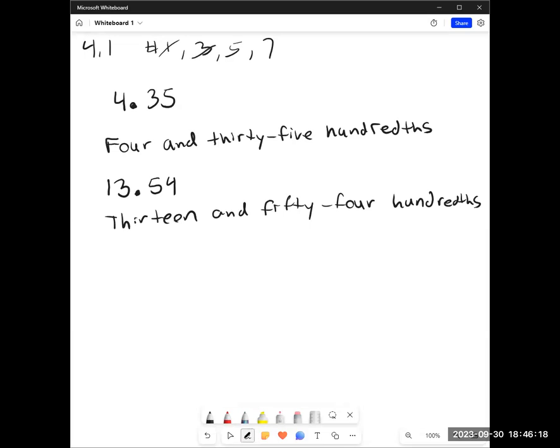Now for the one like number 5. 0.122. I'm not going to read the 0 because there's nothing in that place value.